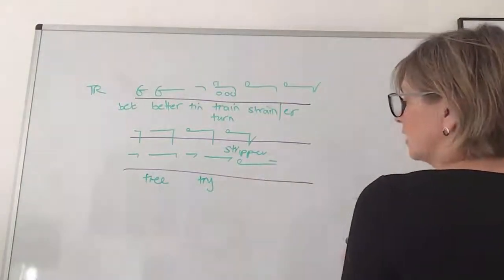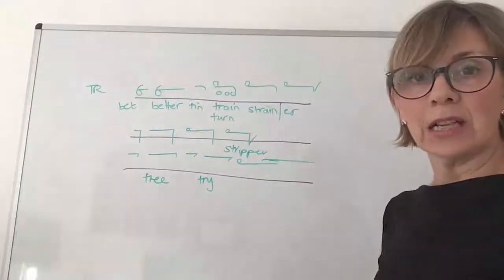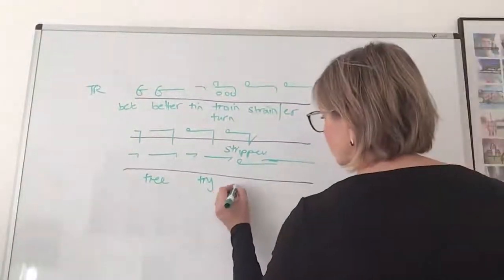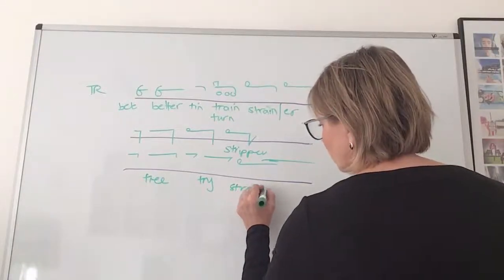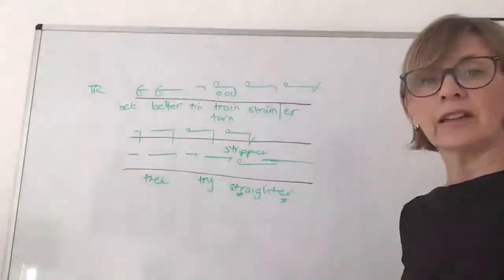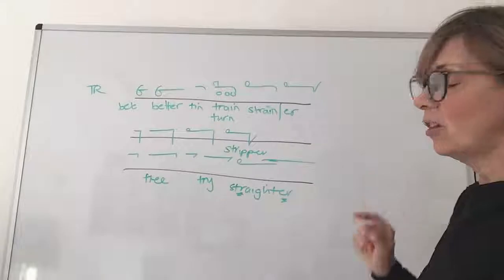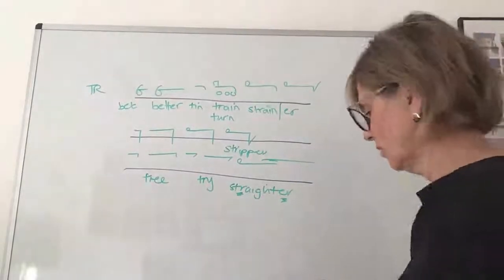Straight, if I then double the T, becomes straighter. So I've got the R here and the R here. STR, stra, TR, ter, straighter.